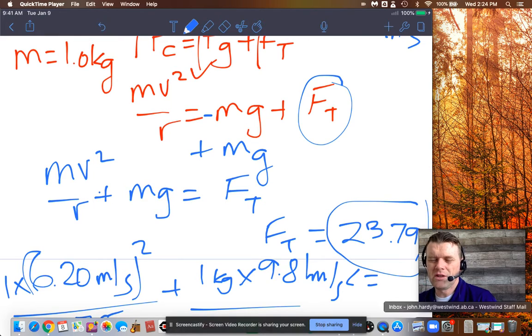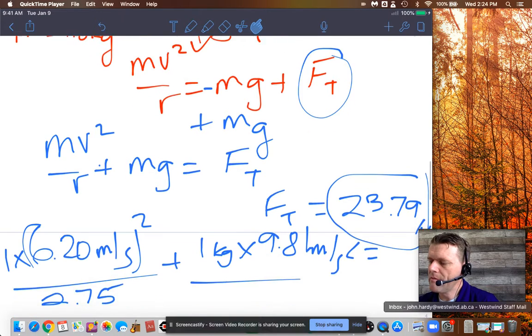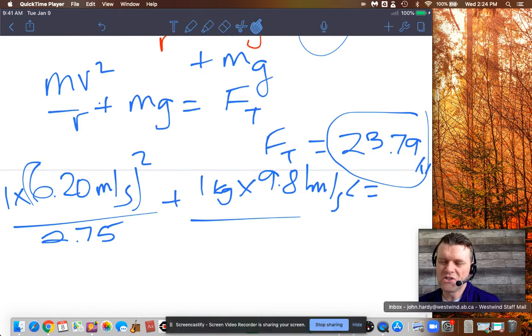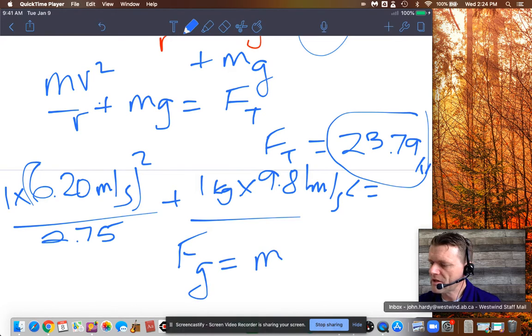Now, that isn't what the answer wanted, though. Of course, that's how much tension there'd be for 1 kilogram, right? If it was 2 kilograms or 10 kilograms, it would be more. But remember, the question just wanted to know how many times greater is tension than the force due to gravity, or really the weight. Okay, so what would the weight be? Well, the force of gravity would just be mass times gravity, and in this case, that would be 9.81 newtons.